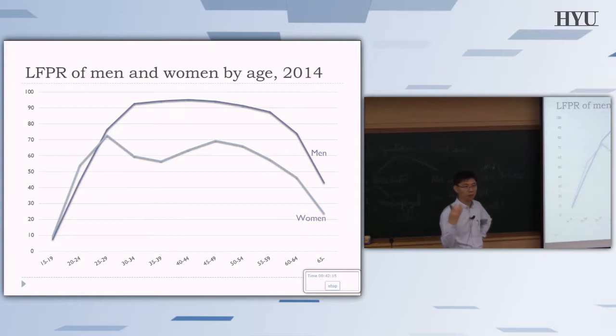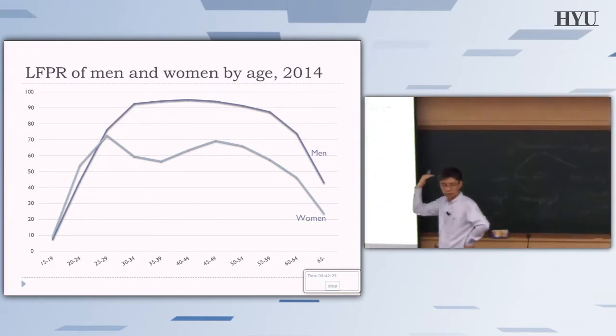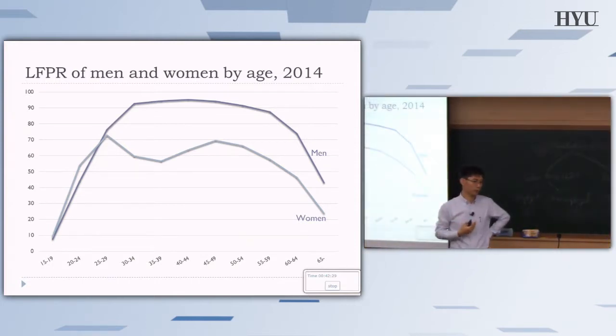So it means 15% of women who were previously in the labor force, either working or unemployed, stopped working and stopped looking for a job. That decrease happens up to 35 to 39, and then it starts increasing again.